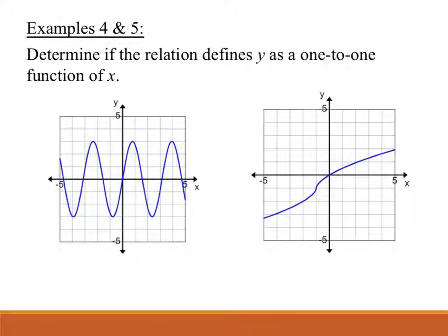So in examples 4 and 5, we want to determine if the relation defines y as a one-to-one function of x. Again, we'll apply the horizontal test. When we draw a green line through our particular value here, we see that we cross this particular function at multiple points along the horizontal. This is not one-to-one.